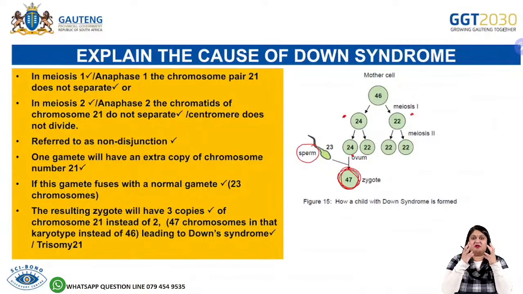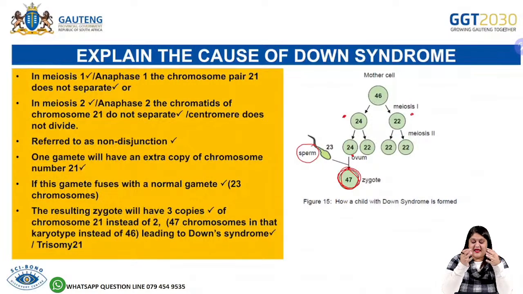So at the end we are going to have a gamete that has 1 extra chromosome. In that karyotype, you are going to have 22 autosomes and 1 gonosome, because remember it's a haploid cell. On pair number 21, there's going to be an extra copy.